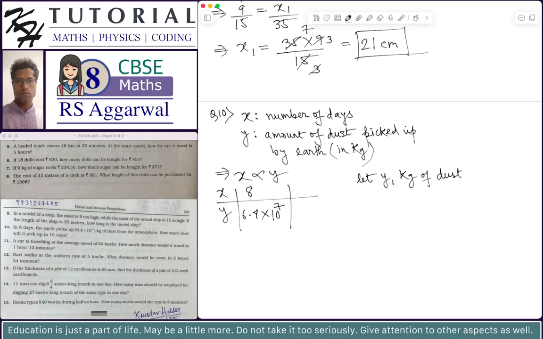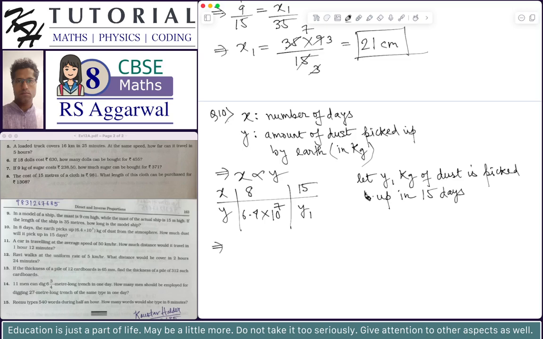So let y1 kg of dust be picked up in 15 days. So we can add the new data, that is 15 will be the value of x, and y1 will be the value of y.